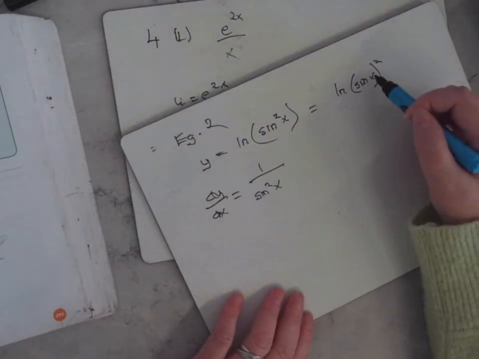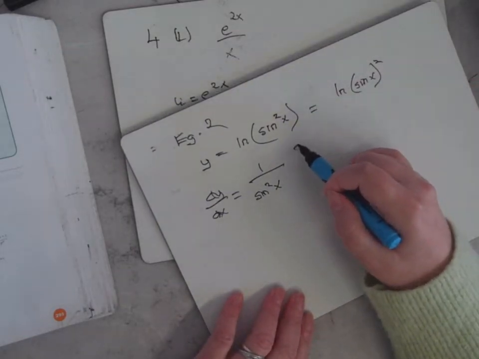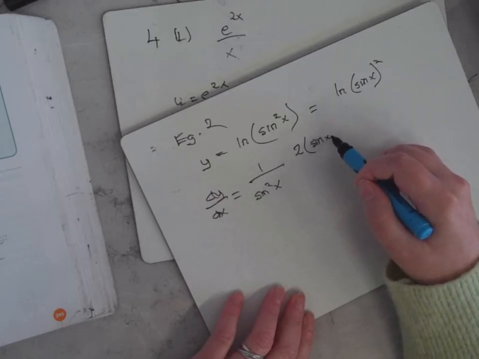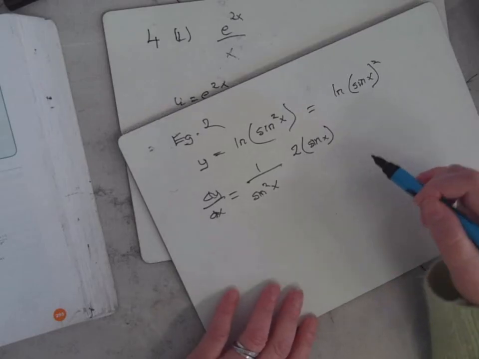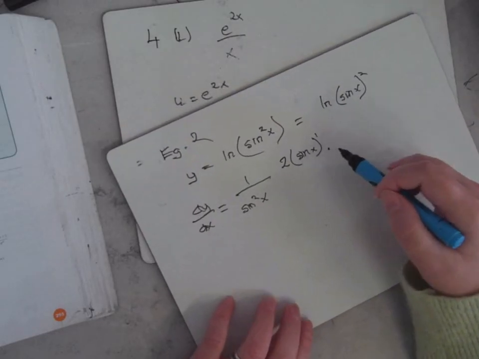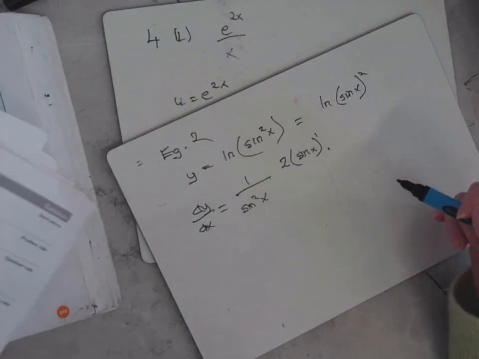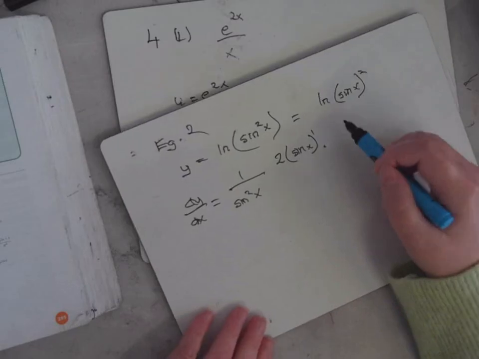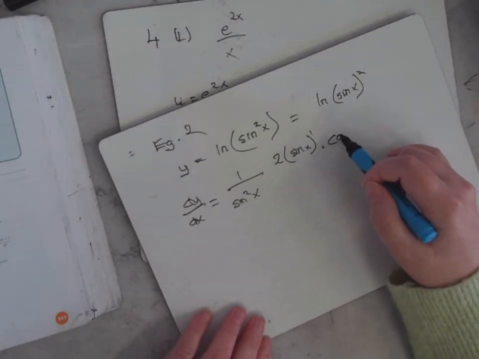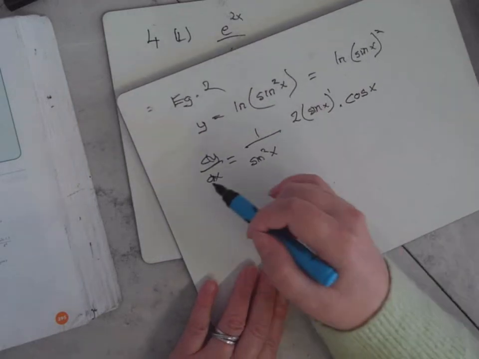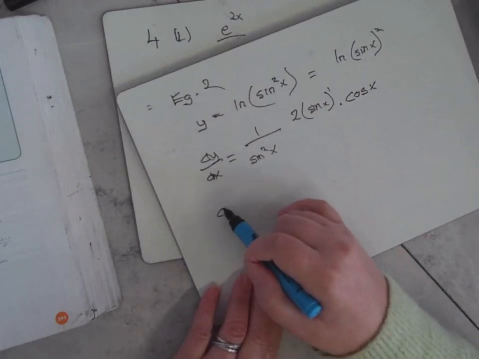So that means bring the power down in front, leave inside the bracket exactly the same, reduce the power on the bracket by 1, which is to the power of 1, and then now I differentiate sine x. And when you differentiate sine x, I can never remember which one is the minus. It's just cos x, there's no minus. Okay, is that right? So you can simplify that a bit, right?